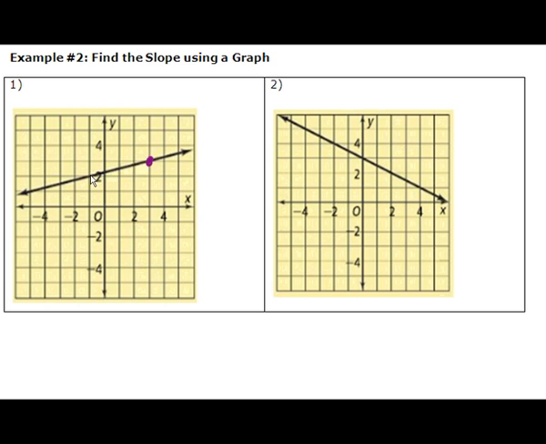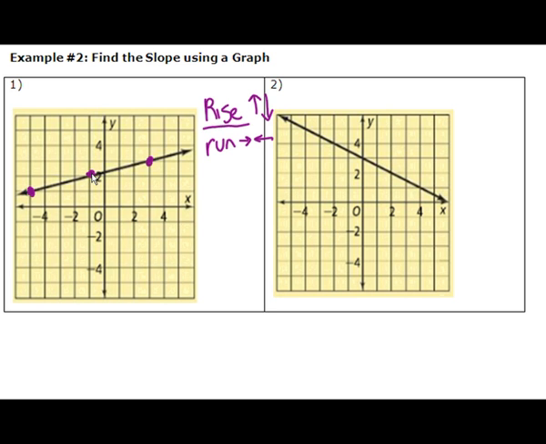We hit another pretty point right here because both my x and my y values would be integers. I hit another pretty point right here. So I take two pretty points, so I'll use these two, and I count my rise over my run. For the rise, what that means is you're either going up or down. The run is going right or left.